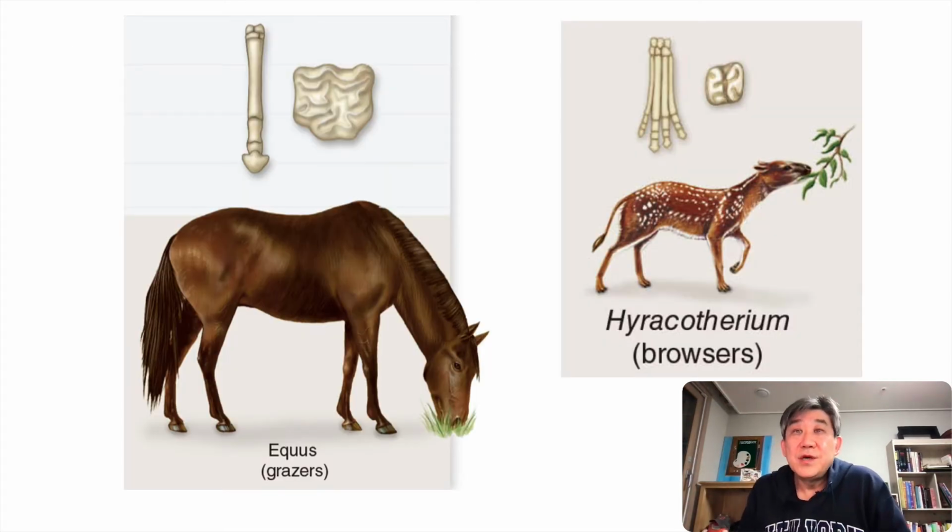horse evolution. Here, in order to make a sharp contrasting comparison, the horse ancestor was named Hyracotherium, and the modern day horse is scientifically called Equus, exactly as I said.